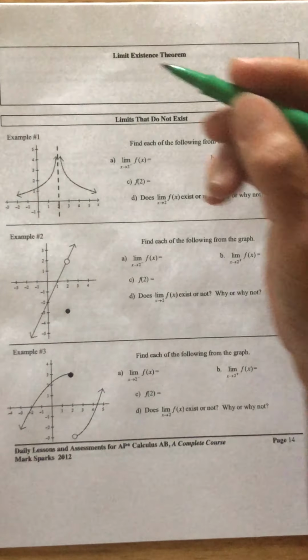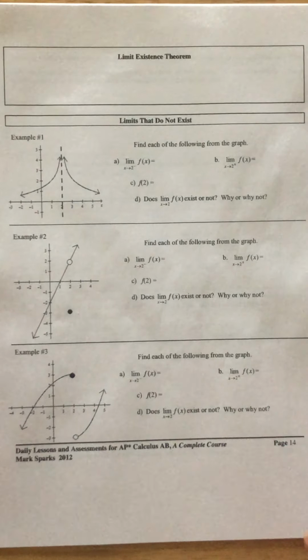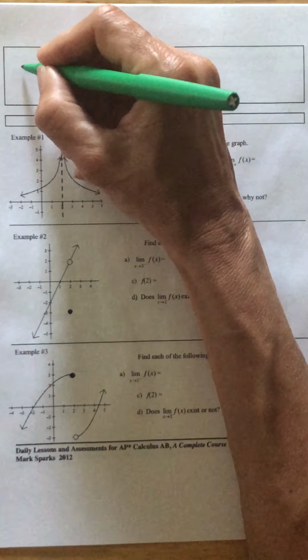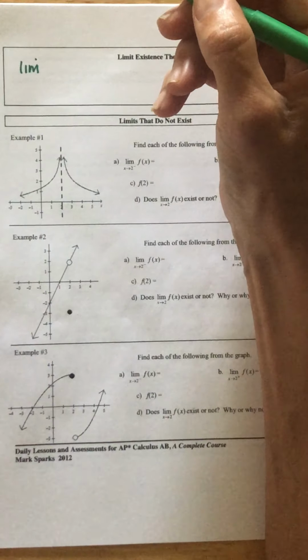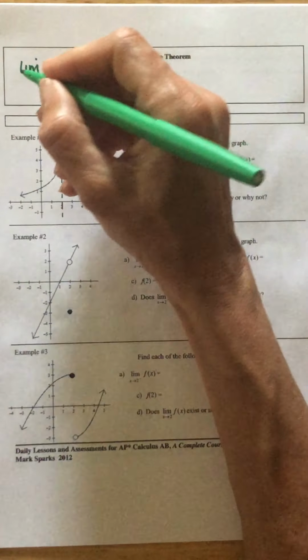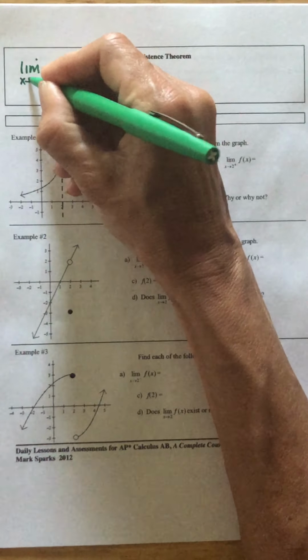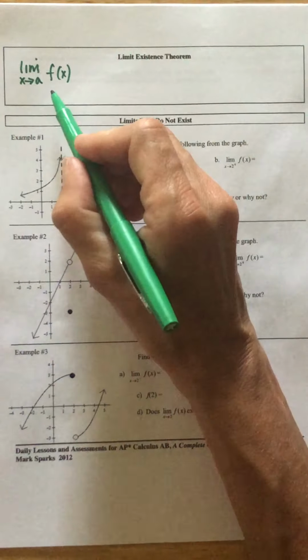Okay, now here's what you need to have, and we've talked about this. So this really should not be a big stretch, but here we are. We're going to write it up as calc-minded people now. So we're going to talk about the limit as x approaches a of f of x, right? So again, we're back to that a.